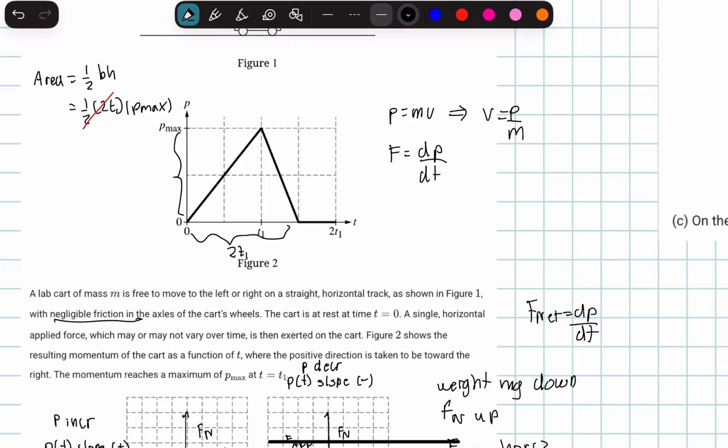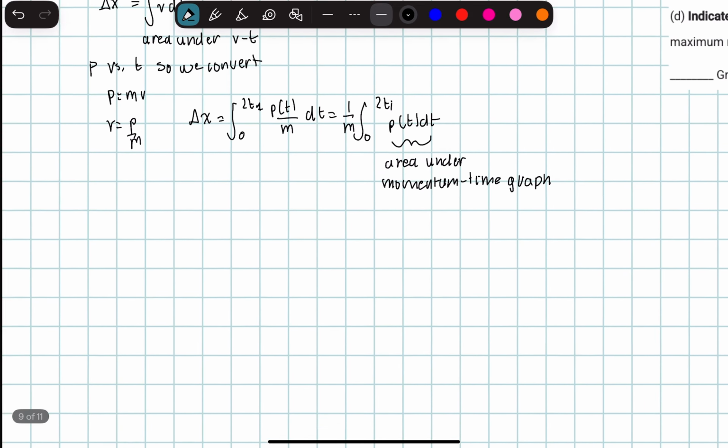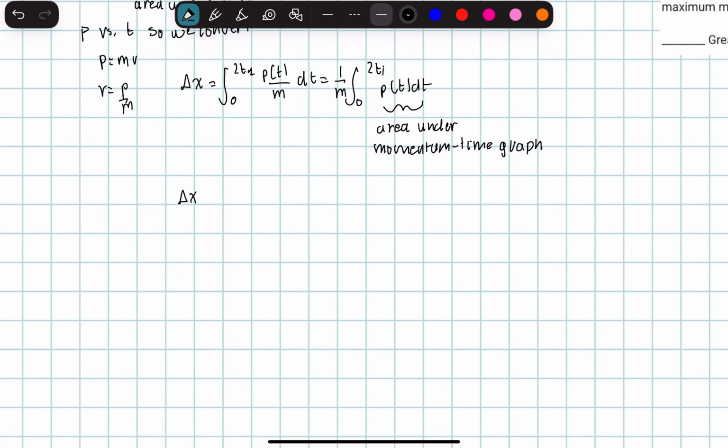2 cancels, so then the area is just going to be P max times T1, right? Now we have to divide by the mass to get the displacement. So down here we have delta x f equals 1 over m times P max T1.